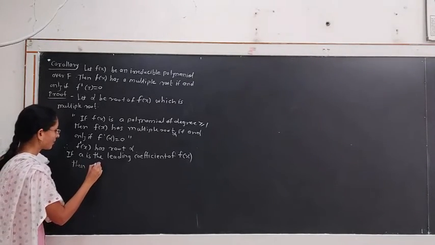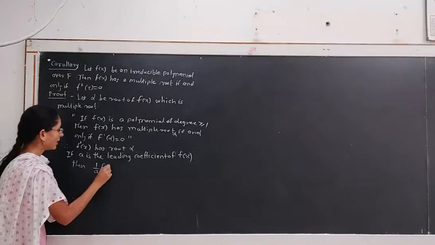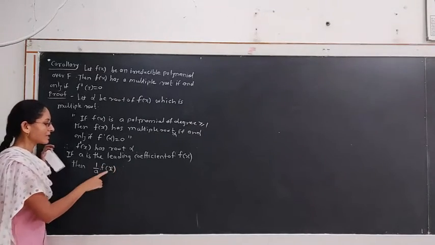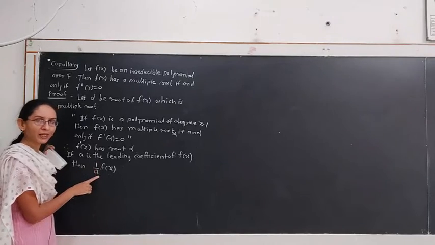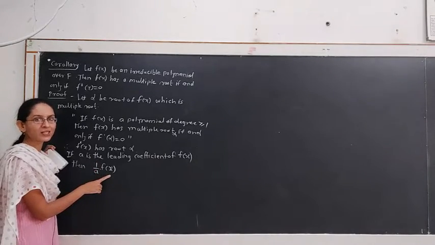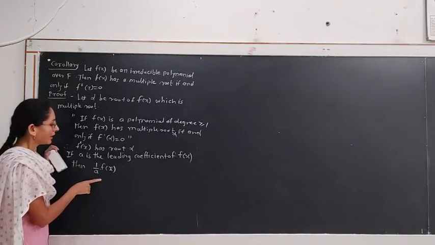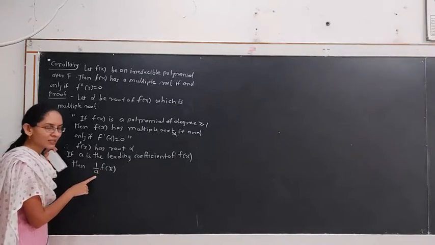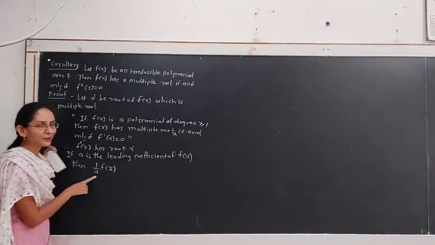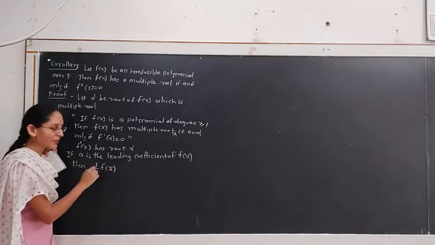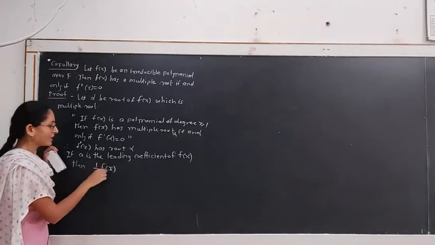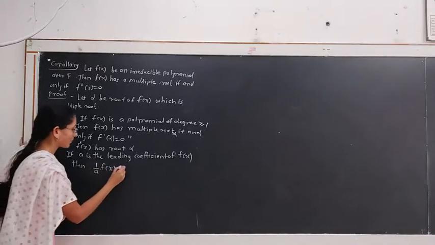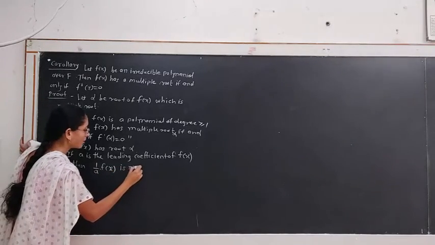Then consider the polynomial 1 upon a into f(x). We are multiplying the polynomial f(x) by 1 upon a, meaning by a inverse. If we multiply this polynomial by a inverse, then the leading coefficient of the product polynomial will be 1. Then this will be a monic polynomial.